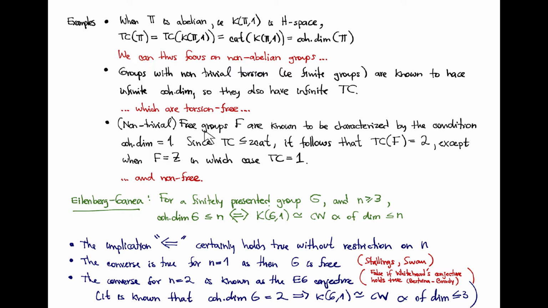And also, if the group is free, well, it's known by work of Stallings and Swan that those groups, free groups, are characterized by having cohomological dimension 1. And since the topological complexity is bounded from above by twice that number, topological complexity can only be 2. And one thing that I didn't say is that it could be 0, 1, or 2.